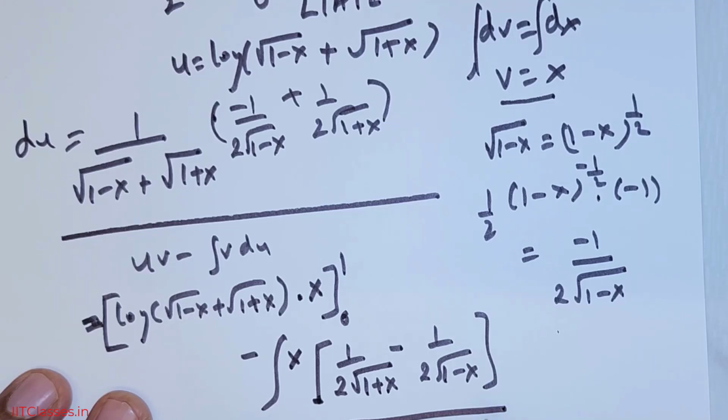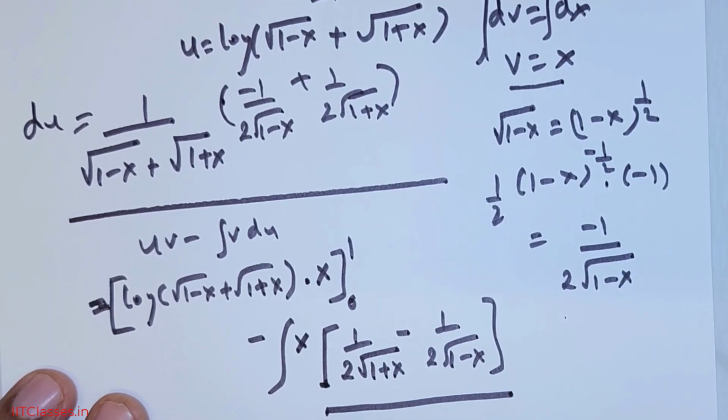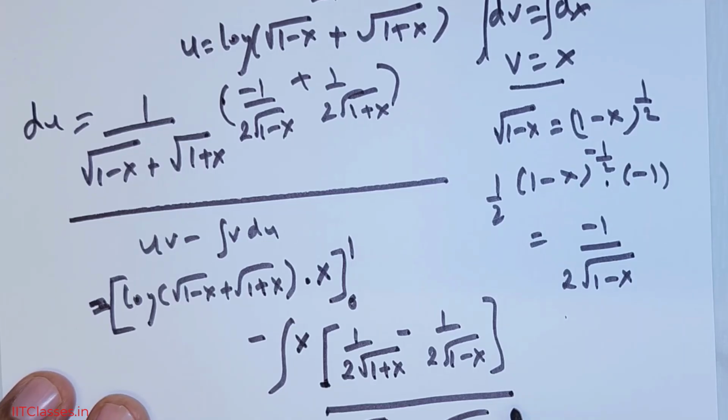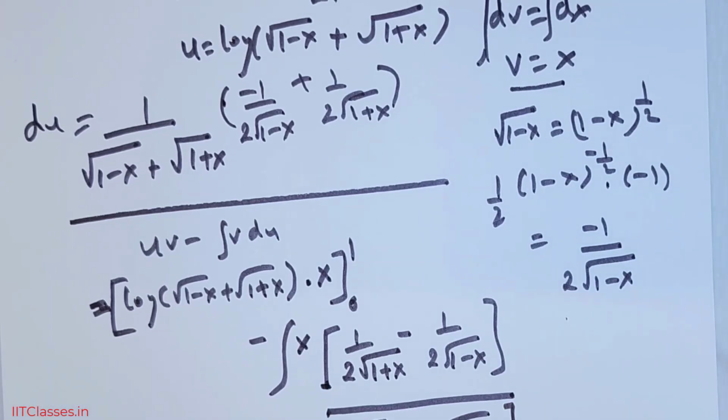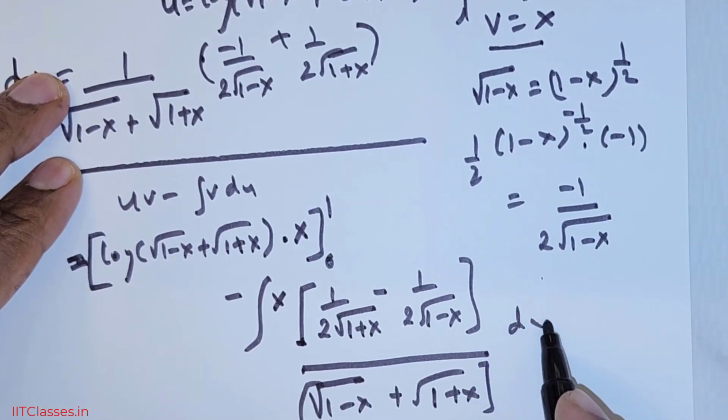This is in the numerator, divided by root of 1 - x plus root of 1 + x. So this is how the form looks. Of course we need to have dx.